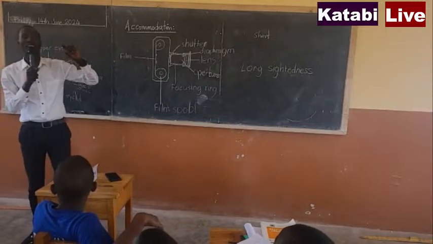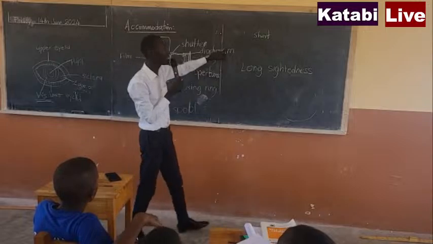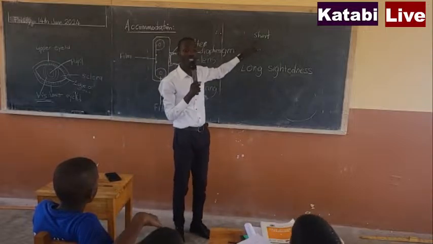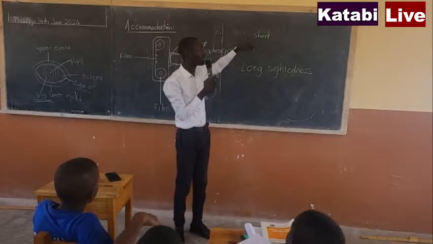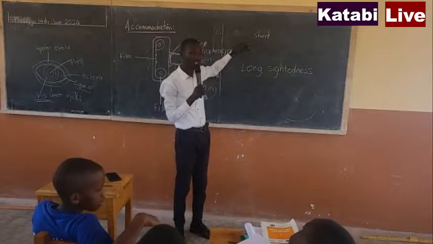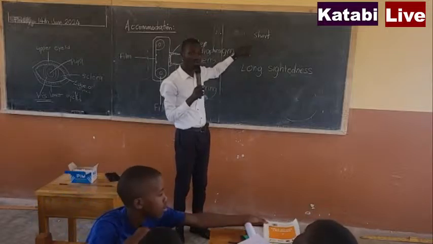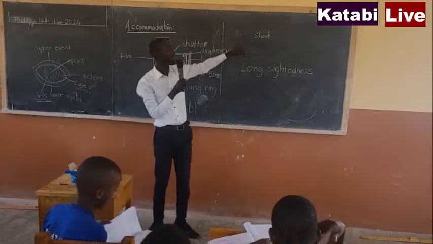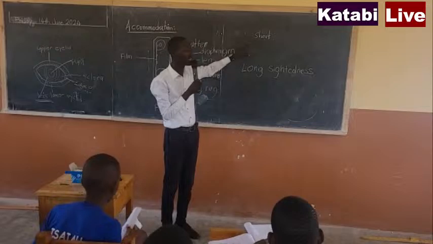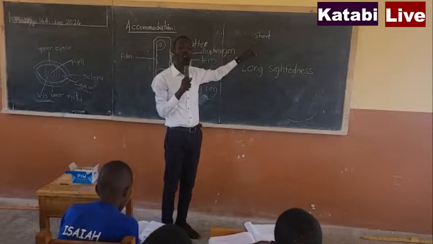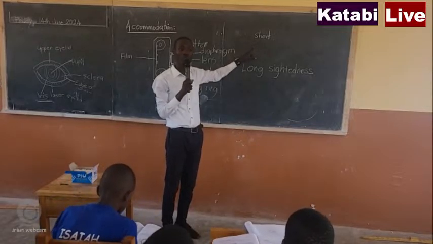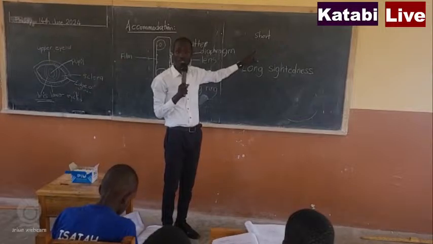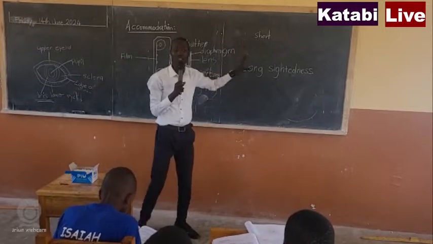And in short-sightedness, when the eyeballs are long, that means the lenses will be thin. Are we together? Whereas long-sightedness could be because of short eyeballs. This one is just the opposite of the other.